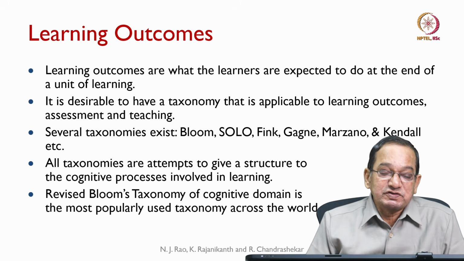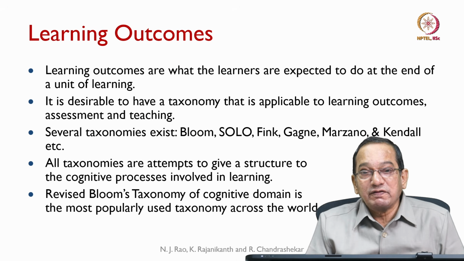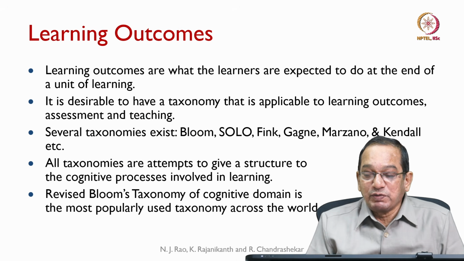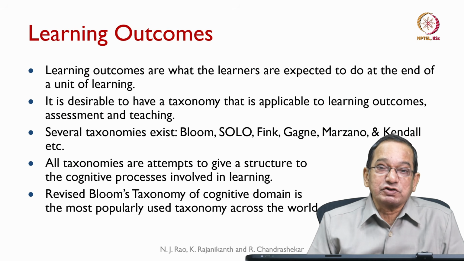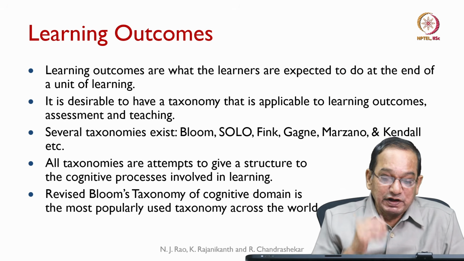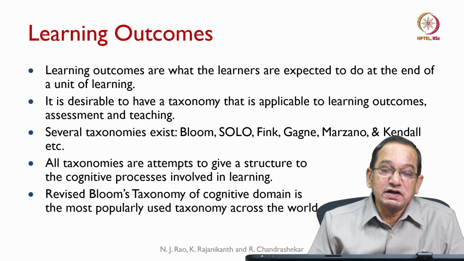For this purpose, it is desirable to have a taxonomy that is applicable to learning outcomes, assessment, as well as instruction. All the three aspects of the unit of learning, that is, the outcomes, assessment, and the teaching or instruction.